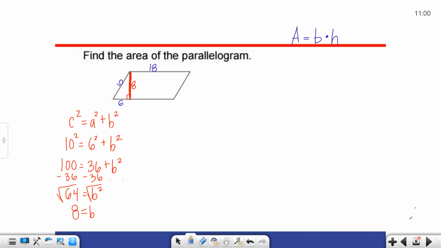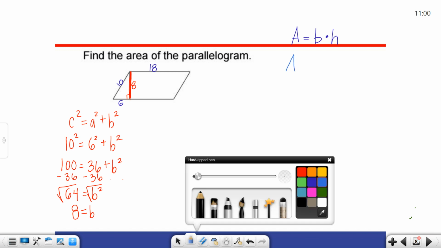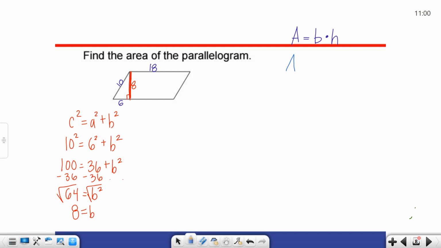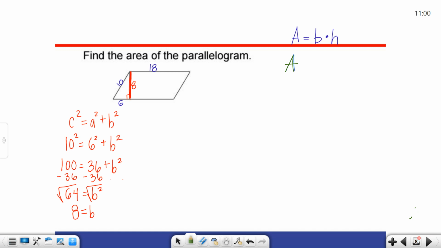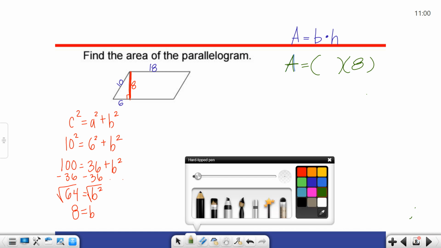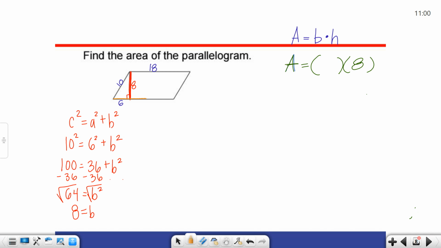Now, that's great. So I'm going to have area. Sorry, let me fix that color really fast. Area equals base times height. Okay, so I'm part of the way. Now, the base of this parallelogram is this distance right here.